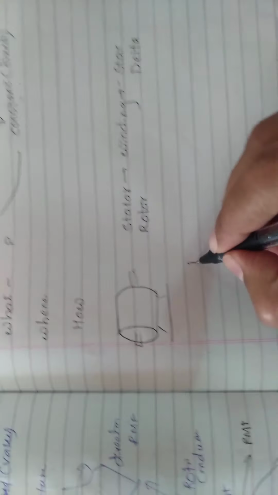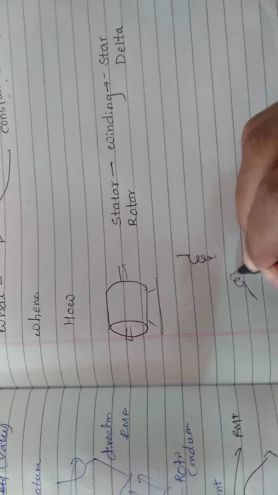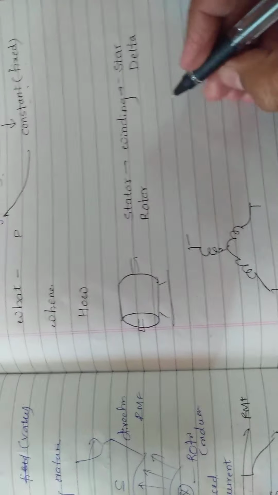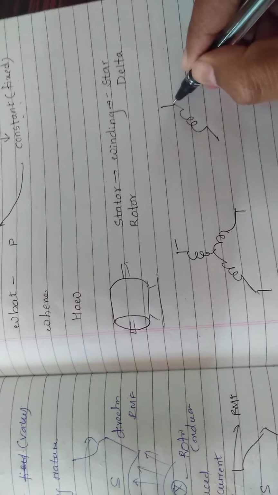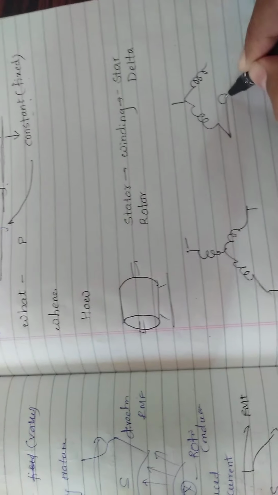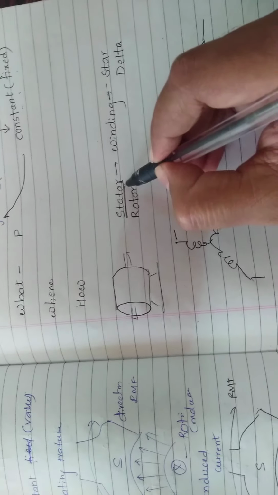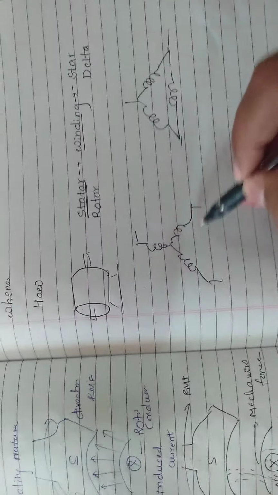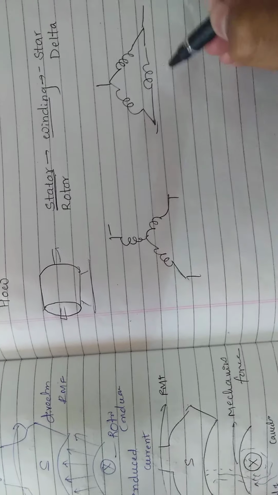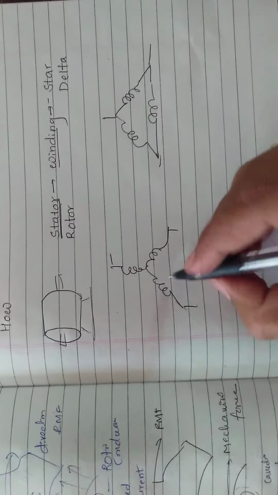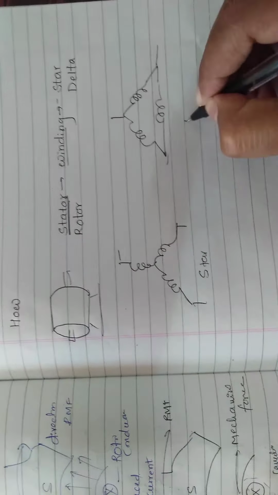So it is star connected like this. We have already studied in the case of three phase what star or delta is. So this is the delta connected winding. Like that we represent the stator winding: stator winding of star connection, stator winding of delta connection.